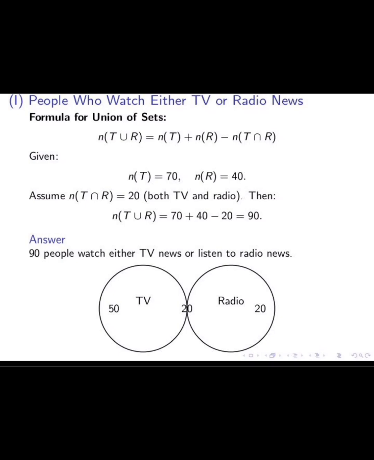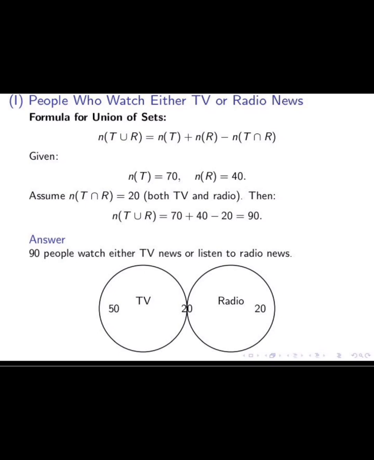So we have the intersection already. By applying the formula, the number of those people that watch TV or radio news is equal to 70 plus 40 minus 20, which is their intersection, and we have 90. So that's for the first part.